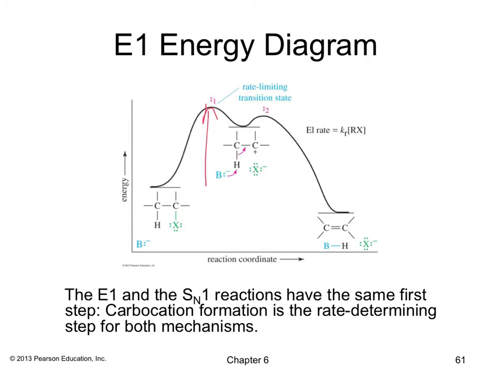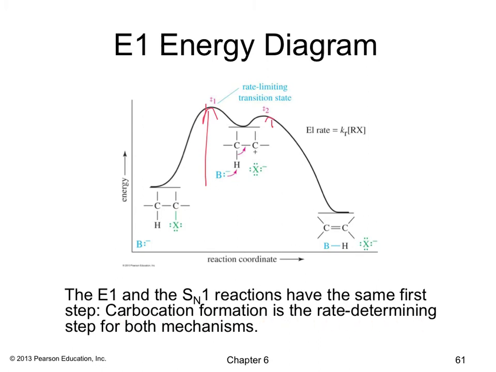It has a higher activation energy, and it's endothermic because it's higher in energy. Then you have the second step, which is lower in activation energy, and the product is more stable, shown here. Again, it's unimolecular, so the reaction rate is just dependent on the alkyl halide.